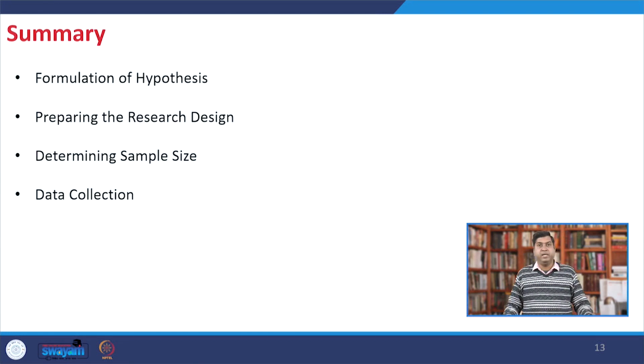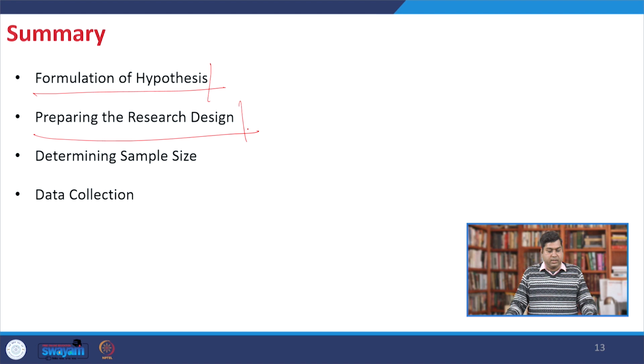With that we summarize this part of the research process discussion. Here we have understood the hypothesis, where we assume a certain relationship and try to test it through our analysis, and see whether my assumption is true or false. We also discussed the different purposes of making a research design and its different stages.